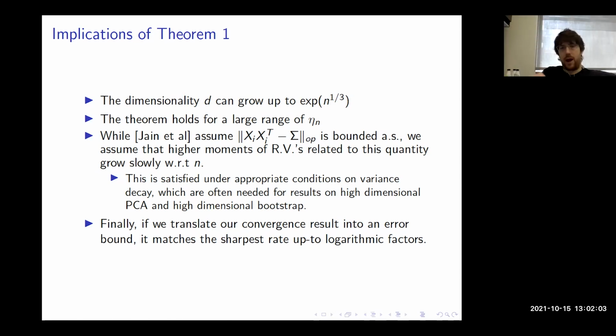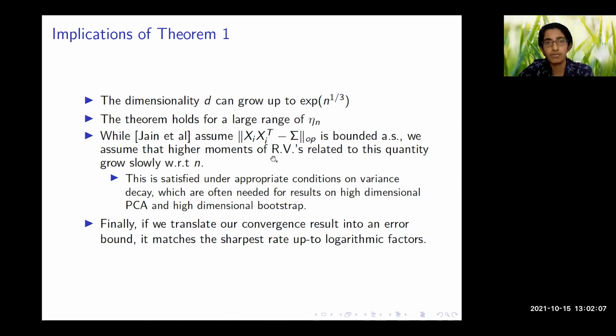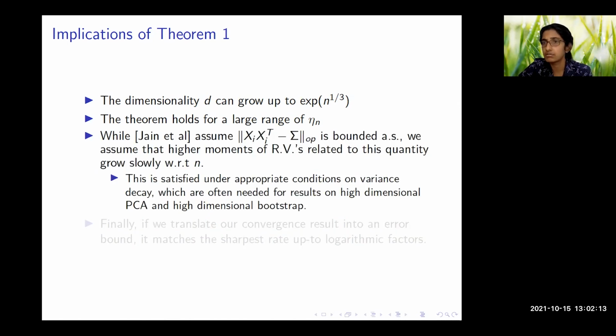Okay, so just to be clear, your actual condition is on the variances in the eigenvector directions. No, it's a condition on the sigma, the covariance matrix.